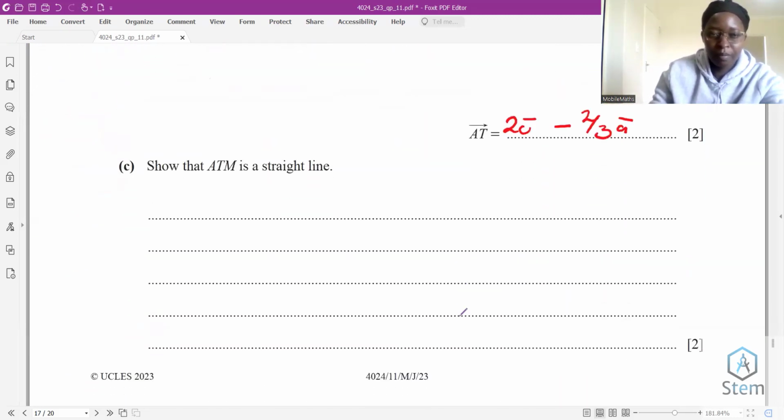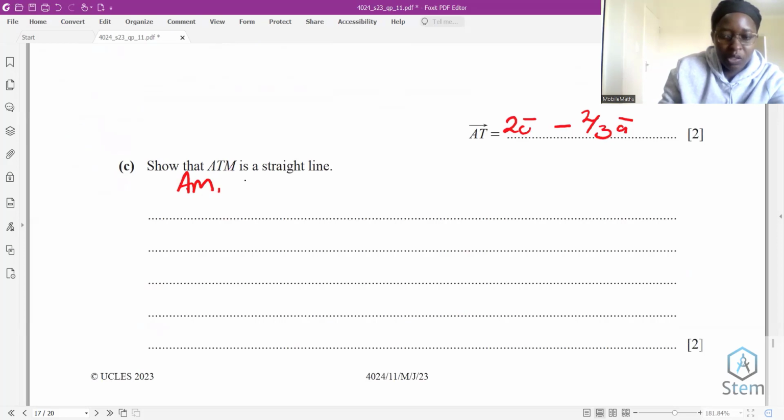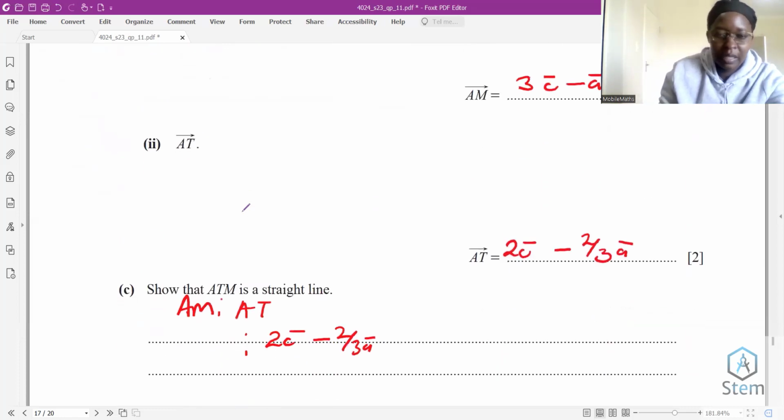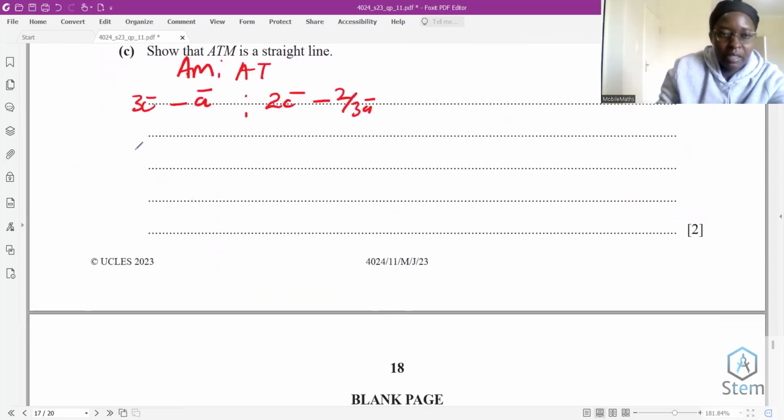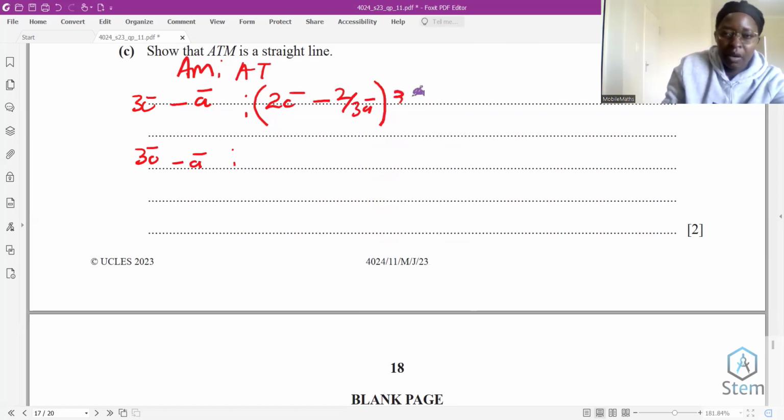So we are saying AM is to AT. Our AT is 2c minus 2 over 3a. Then our AM is 3c minus an a, like that. Okay, so let's see. I can write 3c minus a as 2 times this vector. Here I can multiply everything by 3 over 2.